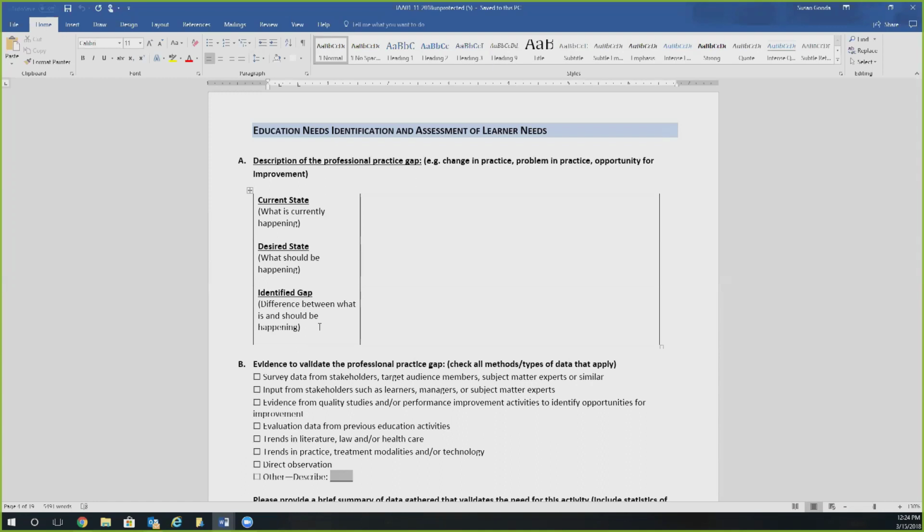The gap is there's a gap in the knowledge of the nursing staff related to XYZ procedure, or there's a gap in the skill level or competency level of the nurses related to XYZ procedure, demonstrated by some performance issues that have occurred. So I'm going to stop there, ask you if that is clear, and maybe help guide you into what your situation might be that you're looking at.